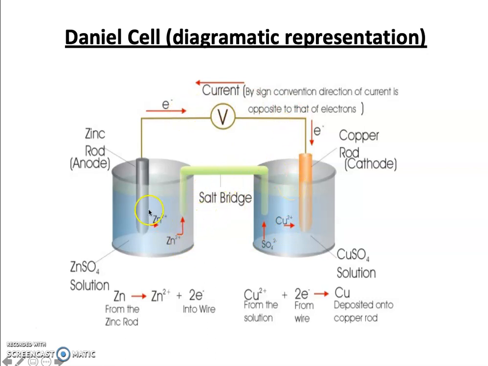So also we require this salt bridge. This total arrangement requires the circuit to be completed, and the salt bridge helps us to complete the circuit, so that if the circuit is complete, then only the current can flow from the cathode to the anode in the reverse direction.